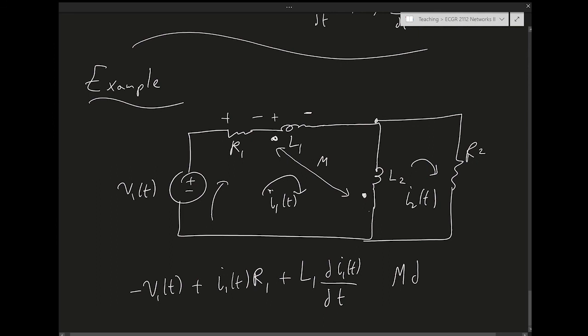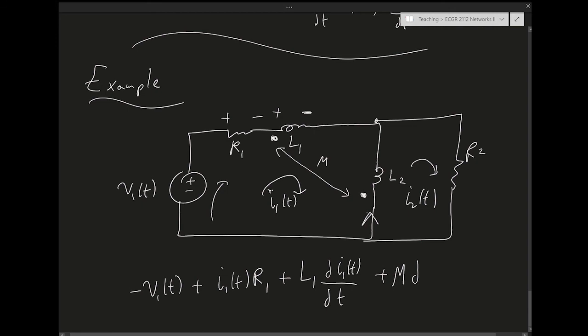I'm going to find the current going inside the dot. So the current going into the dot is going to give me a positive sign, right? And then the polarity that I'm interested in for doing KVL is the same polarity as the dot on the primary side, on the primary coil, right?